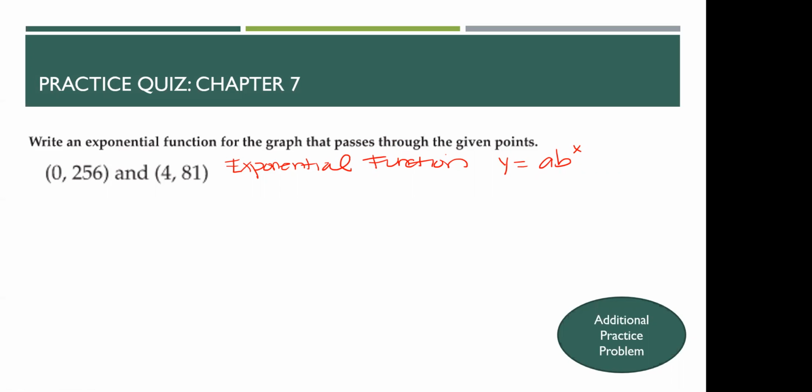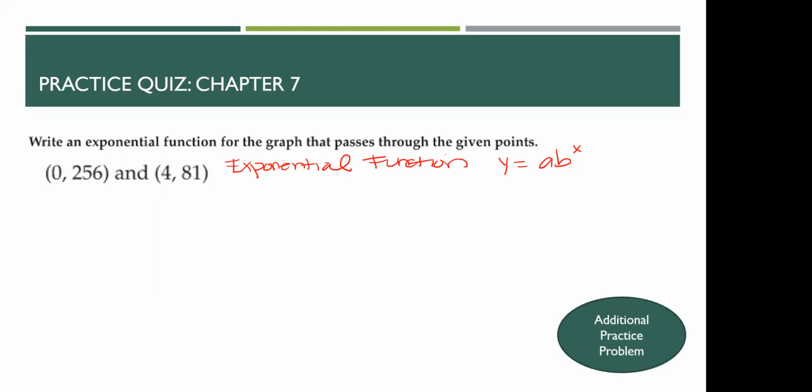Okay, so the first thing we're going to do is use the x and y values from the first point to solve for a. So we have our exponential function y equals a times b to the power of x.